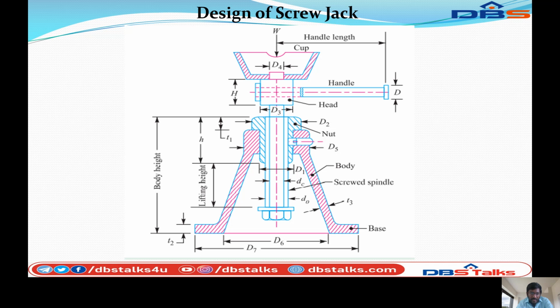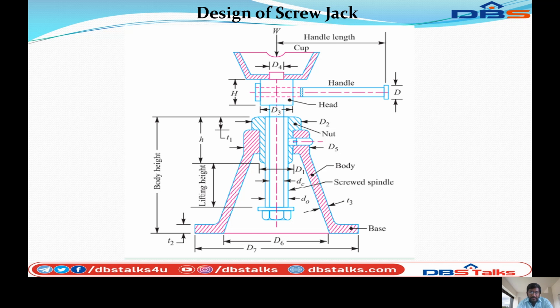D6 is the inner diameter, D7 is the outer diameter. T2 is a thickness, T3 is another thickness, T1 is a thickness, height H, lifting height. The distance between the height and lifting height is the height. Total body is the body height. Head, handle length. The distance from the load to the handle length is W.